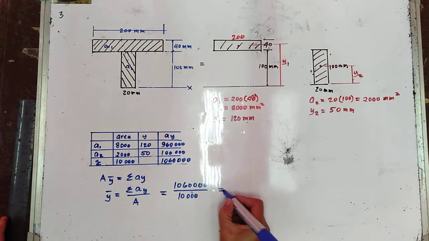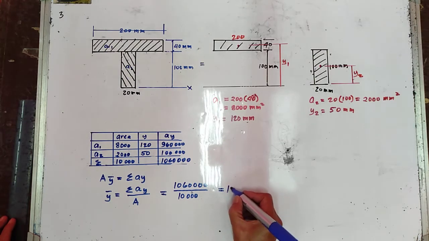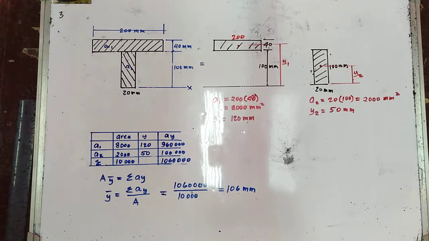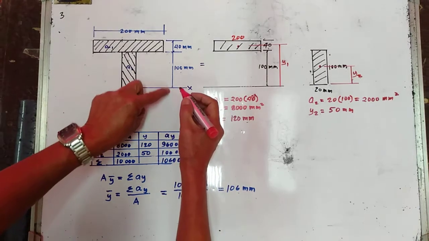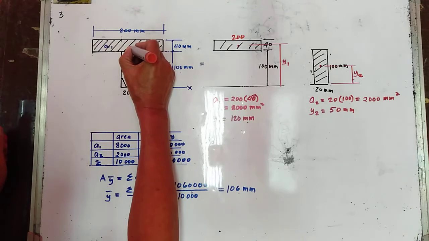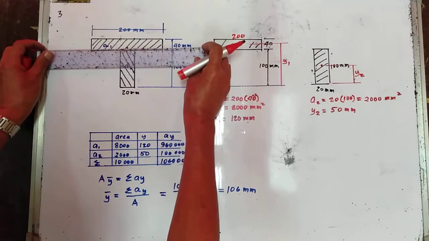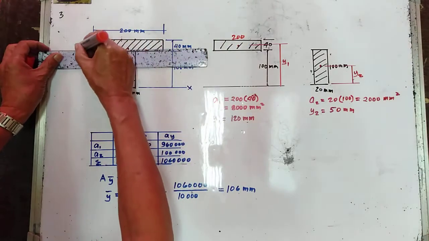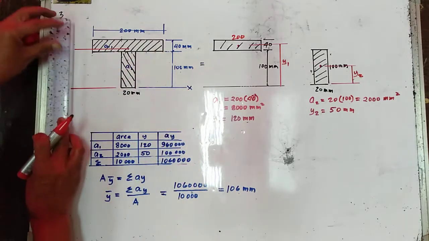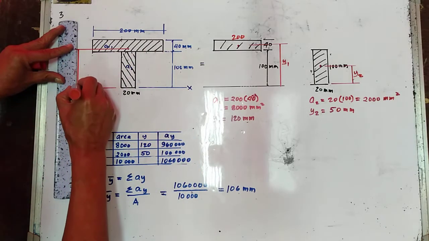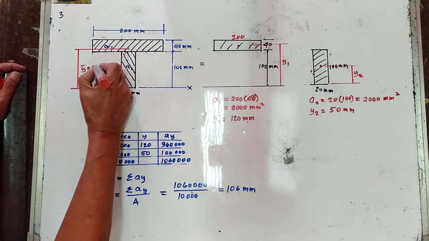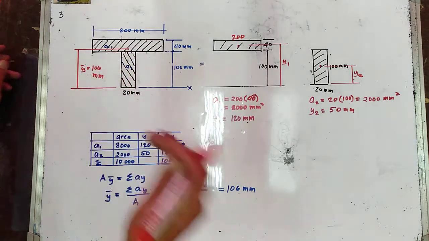Hence, your bar y is equal to 106 millimeter from the x-axis. So if you take a look, this is 100. So the centroid of this figure is located at that point. Hence, this is therefore your bar y, equal to 106 millimeter.